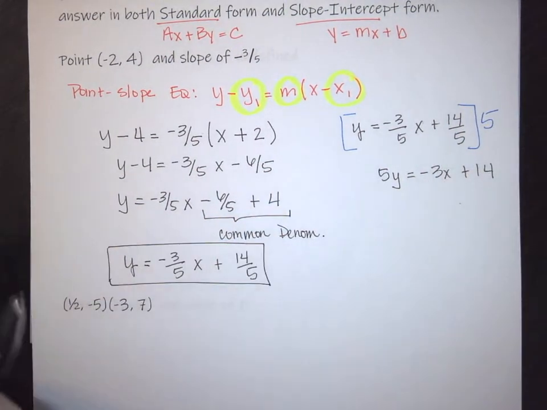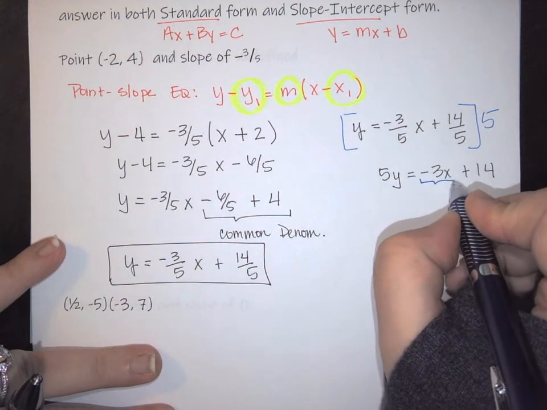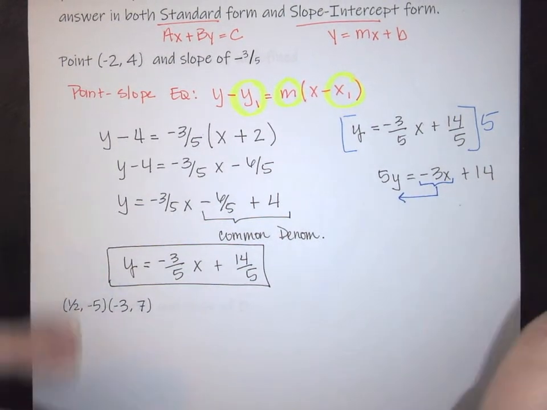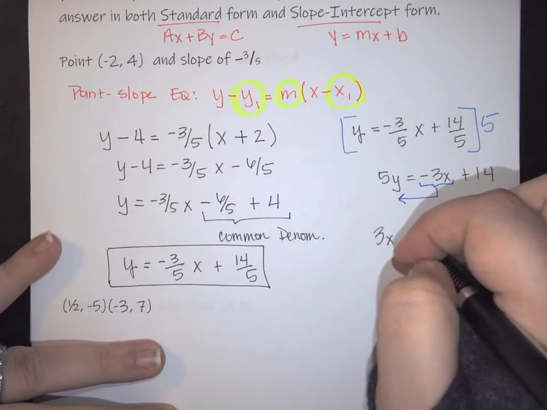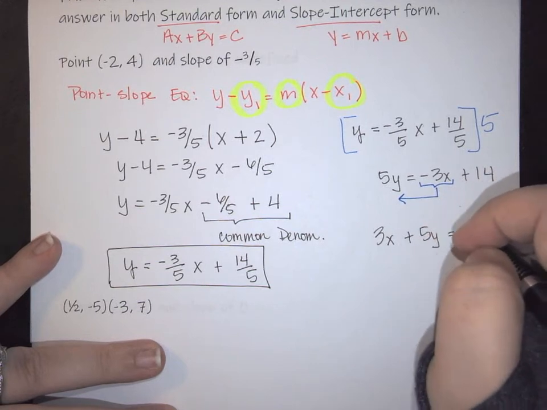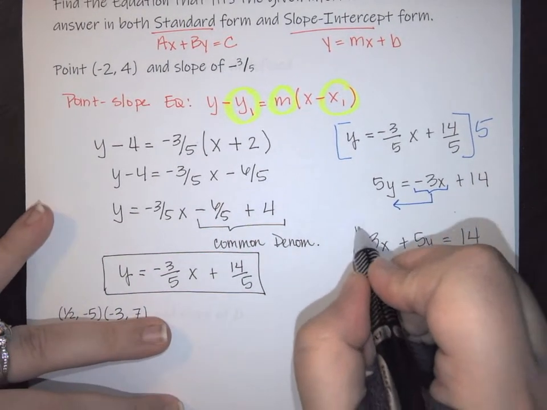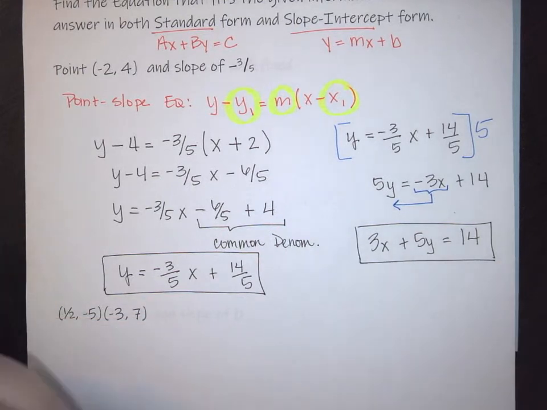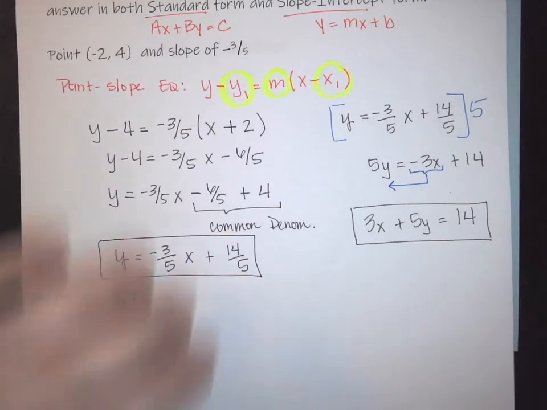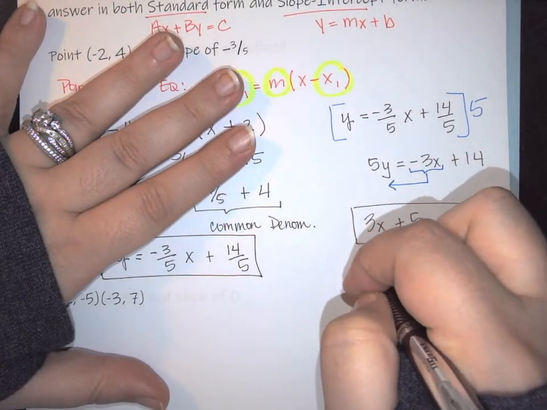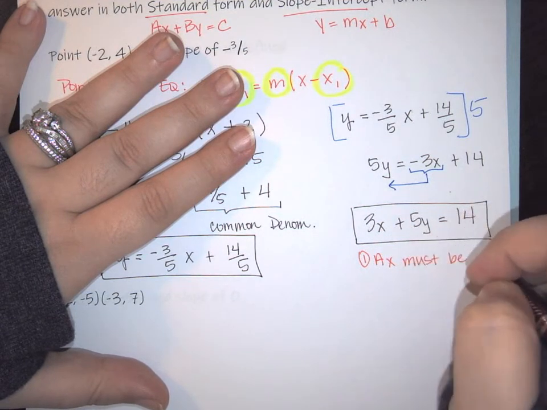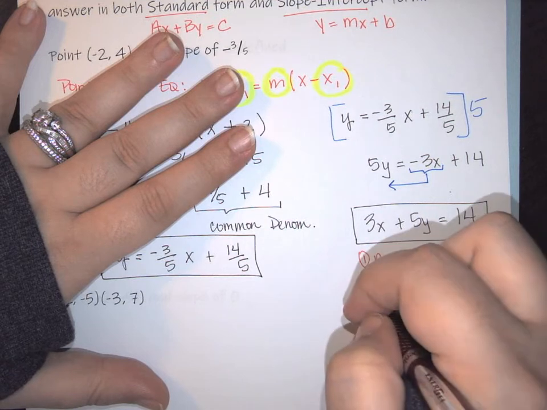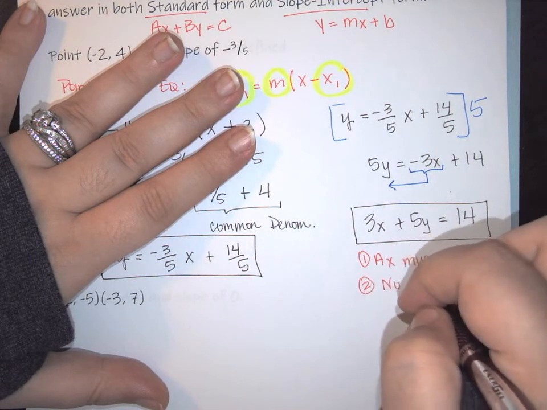We're going to take this x and move it to the other side of our equation, thus giving us 3x plus 5y equals 14. And when we look at this, we have standard form. Now what's important to remember about standard form is there's a couple key pieces of information. So the first thing to remember is that the ax must be positive. And the second thing to remember is no fractions.